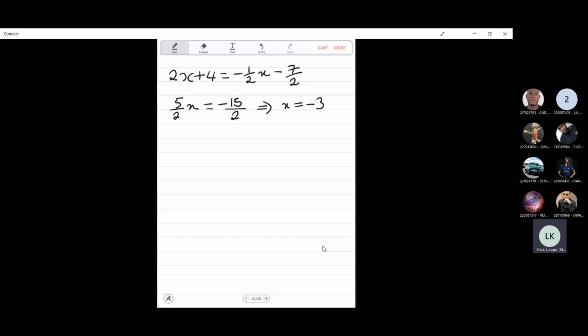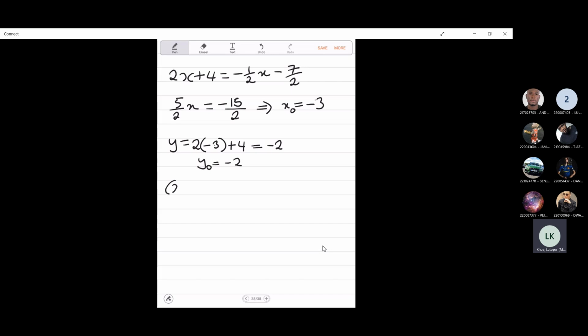So this is actually our x naught, which is our point of intersection. Okay, and then now that we have x, we can work out y. We said y is equal to 2 times x plus 4, and this is minus 2. So we have our y naught, which is minus 2.